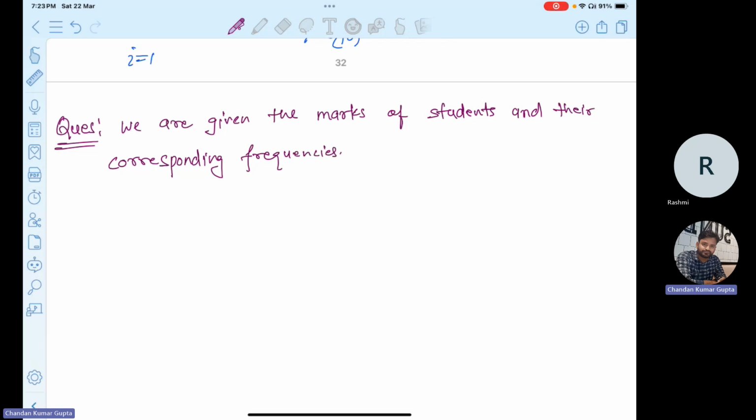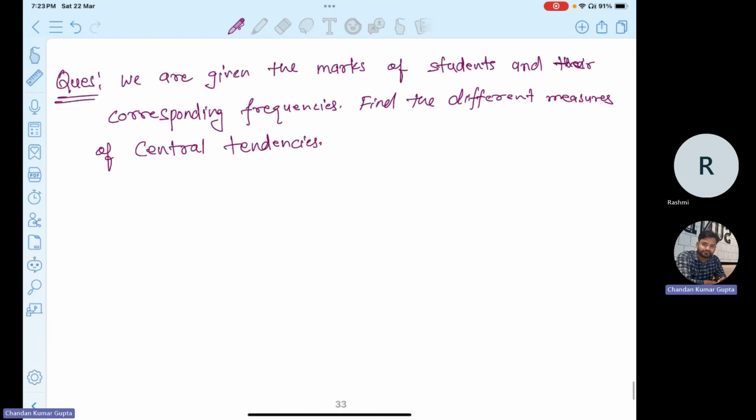We need to calculate the measures of central tendency. Find the different measures of central tendencies. Okay, so this is the question.